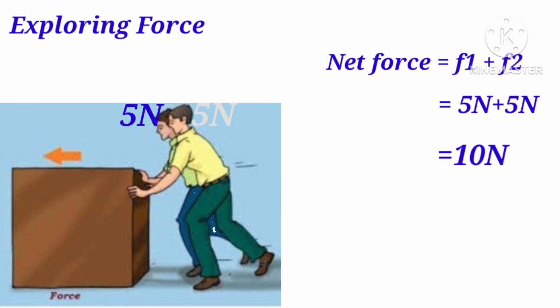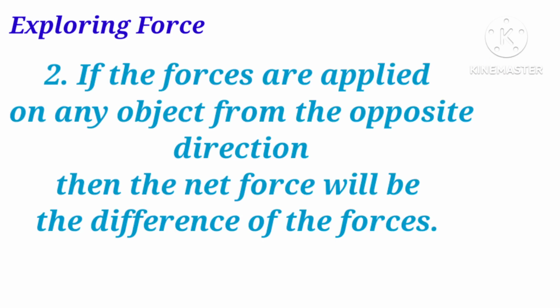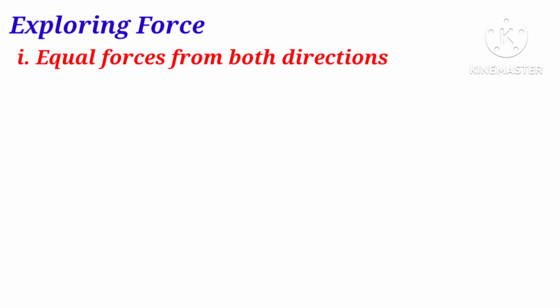And one more thing. If the force is applied from the same direction, then it will result in the movement of the object. Okay. Now another case is that when the force is applied from the opposite direction, then it results in the subtraction of the forces. It has two cases. The first case is that the forces applied from both directions are equal.